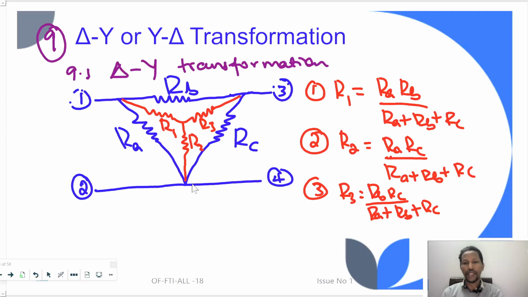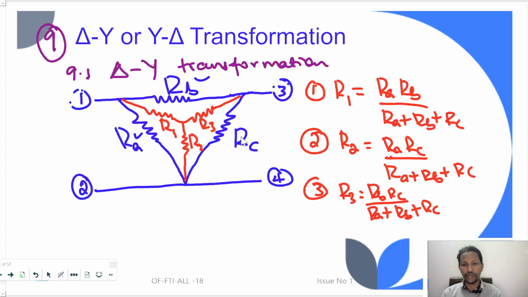As you can see here, the Y network is drawn inside the delta network. R1 is obtained by taking the product of the covering resistances. R1 is covered by RB and RA, so we take the product and divide by the sum of the three delta resistances.